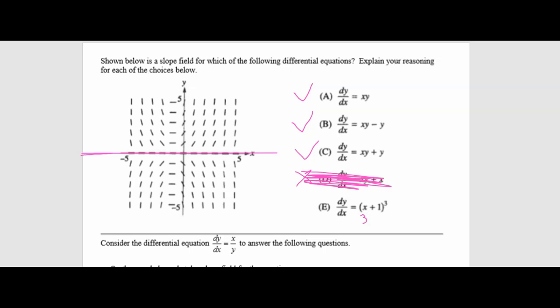It'd have 3 plus 1 inside and cube it, and that would be 64. So I should have a very, very positive slope. But that's not what I see here. The slope field is telling me that, when I have the point (3, 0), the slope should be 0. So that lets me know that E is also incorrect.